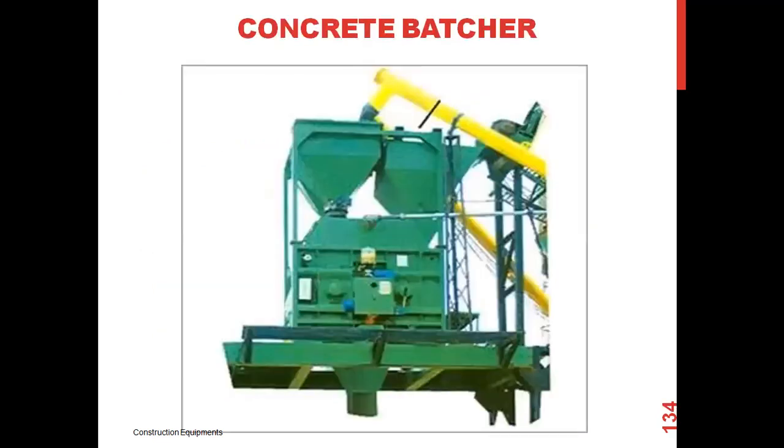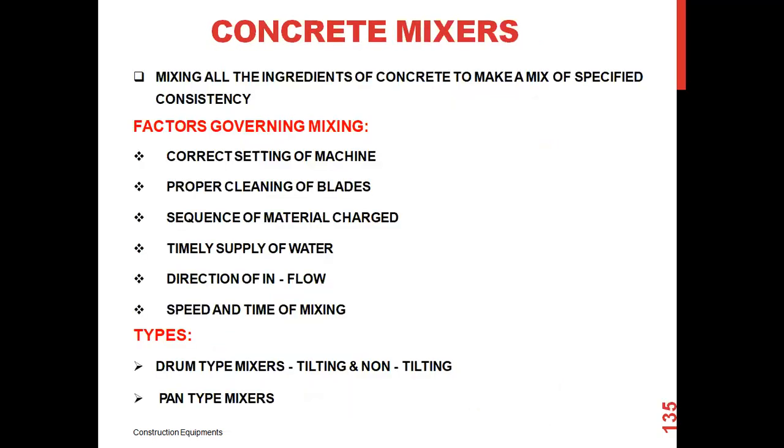The factors governing the mixing are the correct setting of the machine, proper cleaning of blades, sequence of material charged, time and supply of water, direction of inflow, speed and type of mixing. The types are drum type mixers, tilting and non-tilting, and pan type mixers.